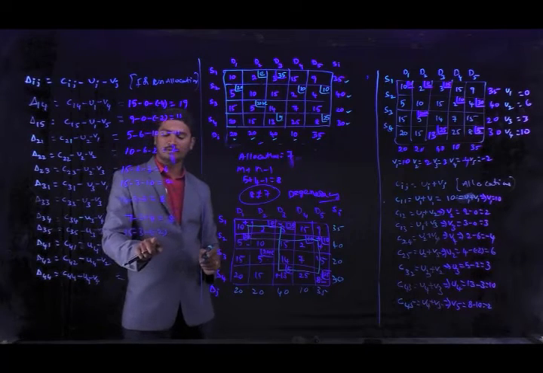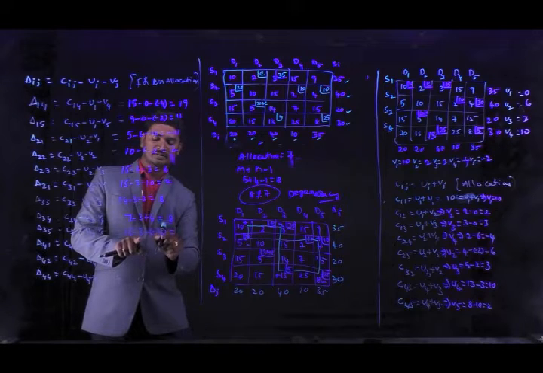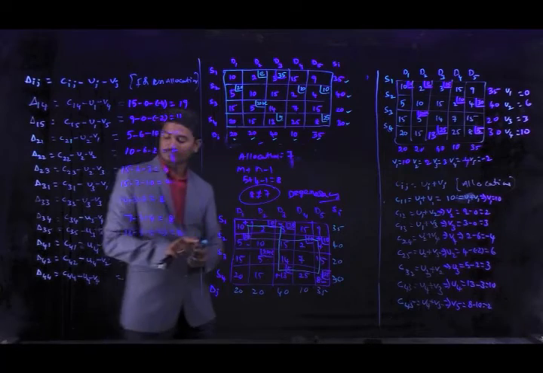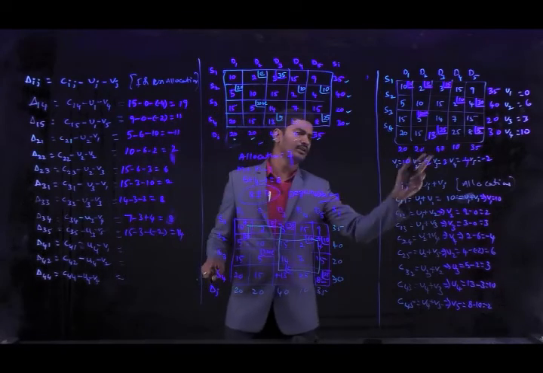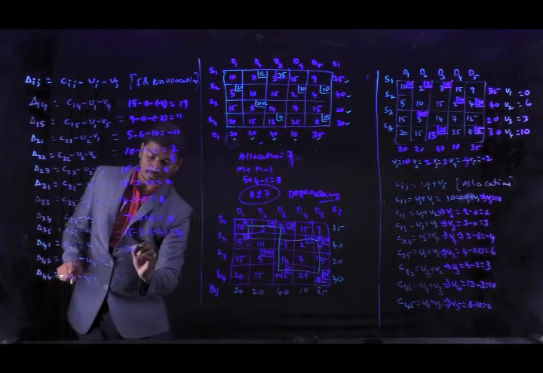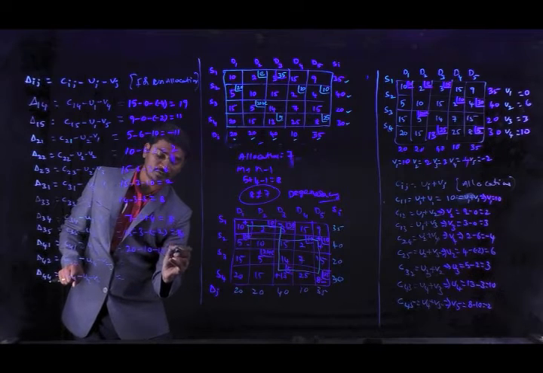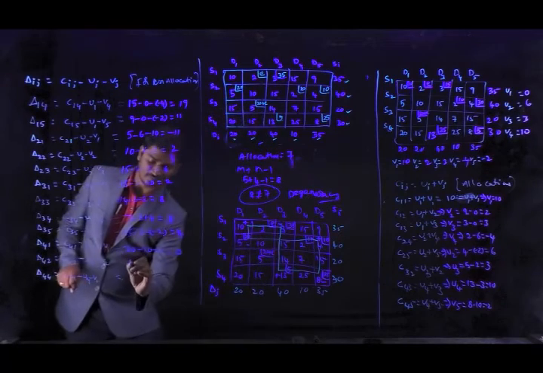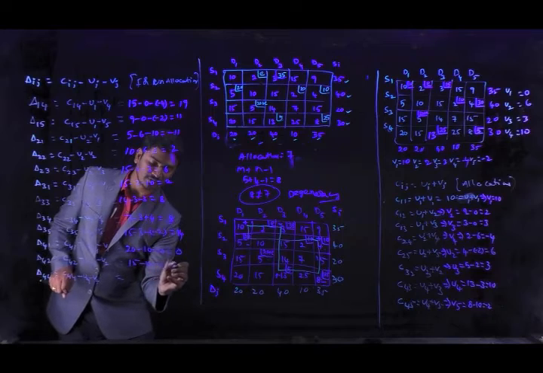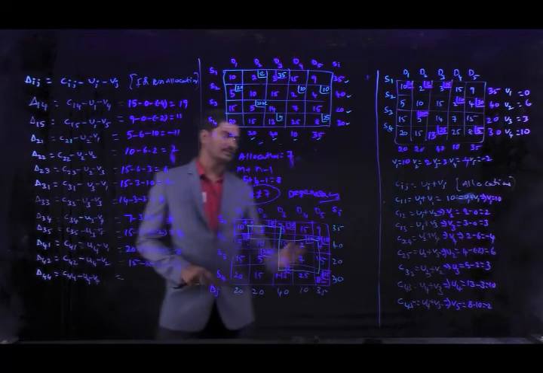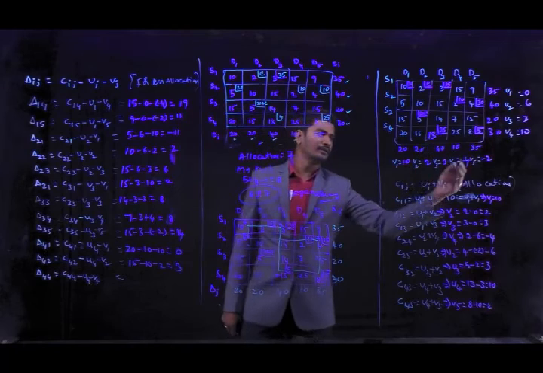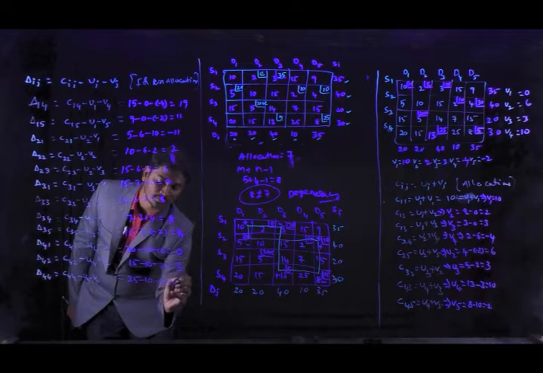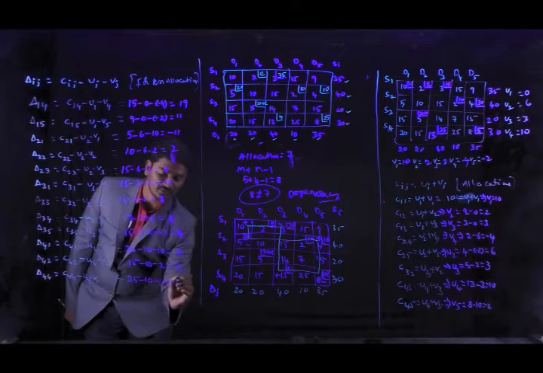Okay, C41, 20 minus 10 minus 10 is equal to 0. Next C42, 15 minus 10 minus 2. From this we get 3. Next D44, 25 minus 10 minus of minus 4. So here 15 plus 4, 19.